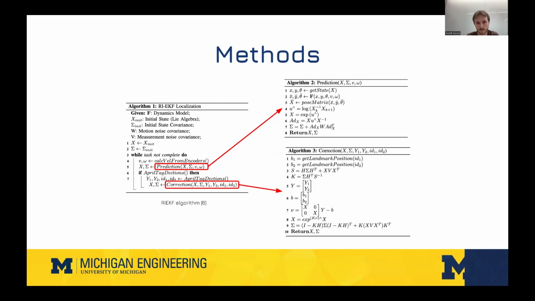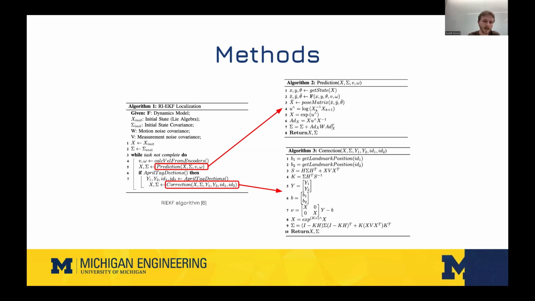So if you look at algorithm 2, we'll send X, Y, theta, V, and omega through our dynamics and get a new estimated X, Y, and theta. And then we'll put that into our SE2 pose, calculate a twist vector between the previous pose and the predicted pose, and then propagate that through our state and our covariance.